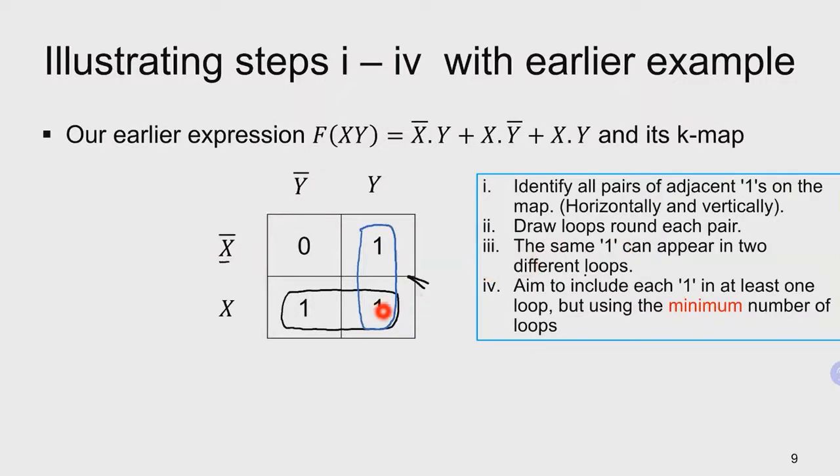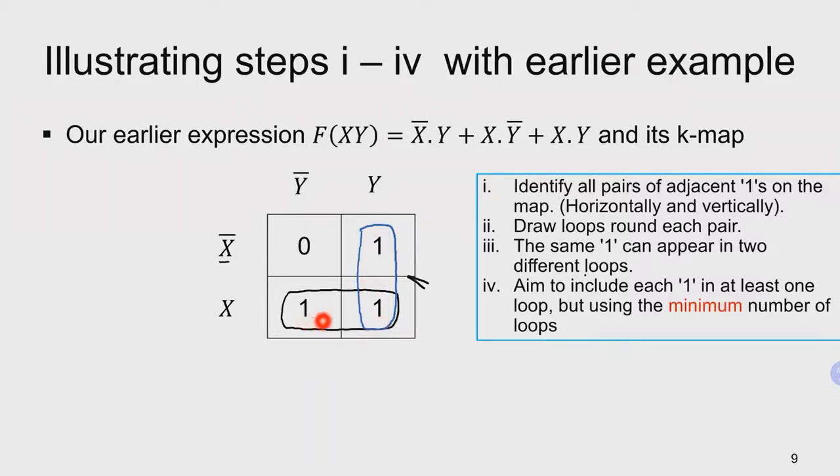And here we have a 1 that is included in 2 of the loops, so it's okay. A 1 can appear in 2 different loops, as mentioned in step 3. And the aim is to include each one in at least one of the loops. So we have all the ones included in the loops.